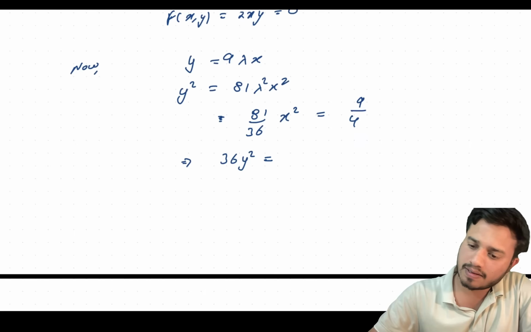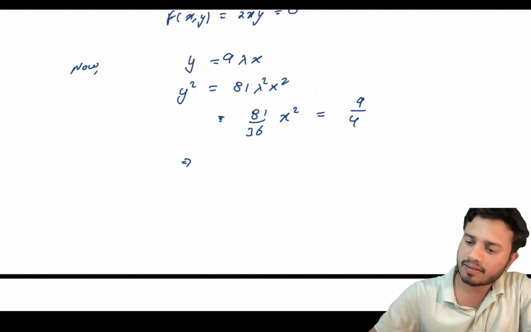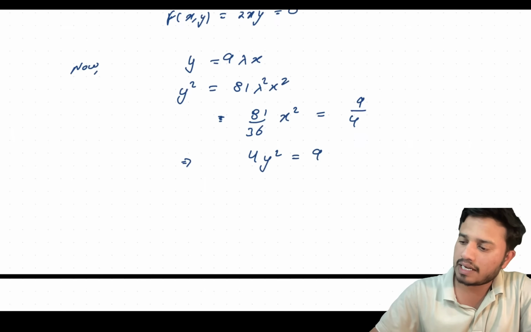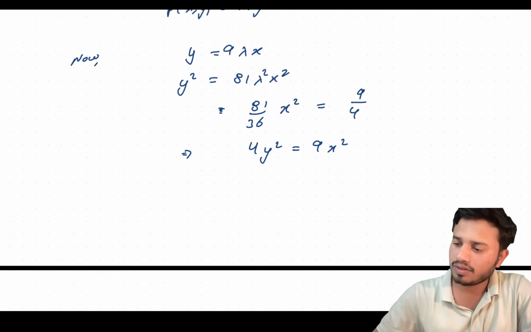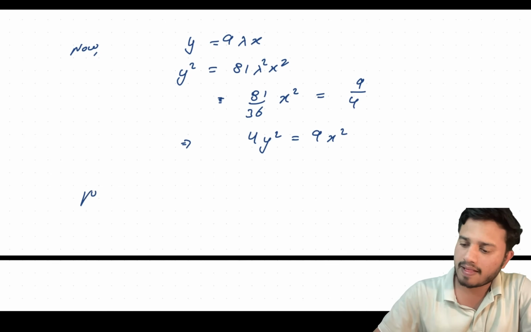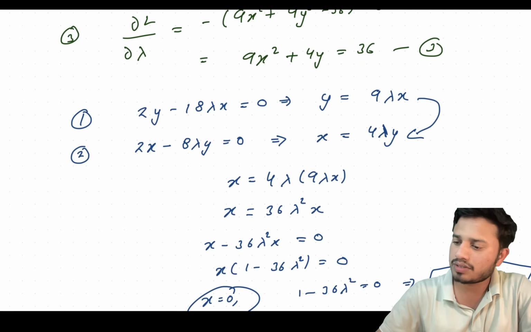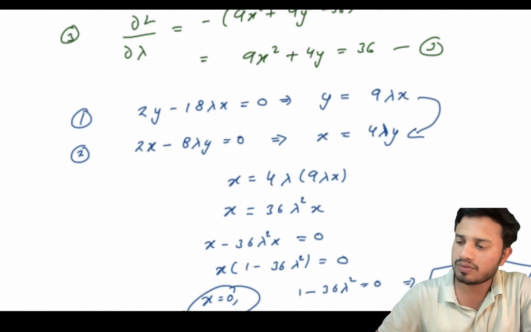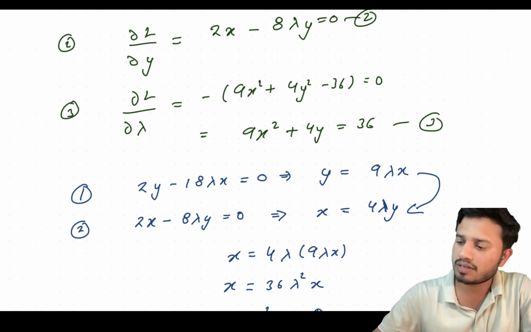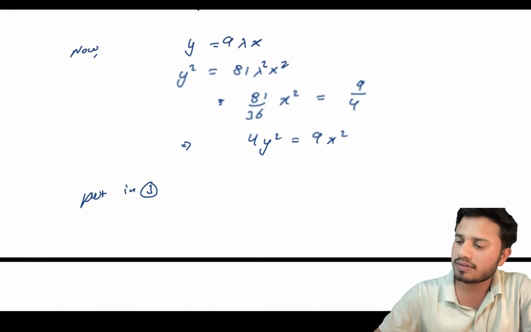Then 4y square equals, in the equation 9x square plus 4y equals 36.